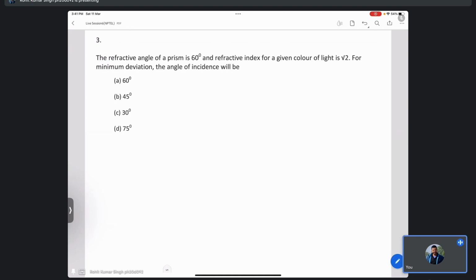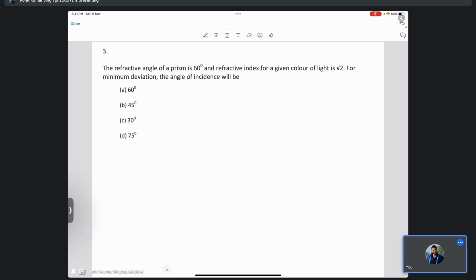The refractive angle of a prism is 60 degree, and refractive index for a given color of light is under root 2. So for minimum deviation, the angle of incidence will be. For minimum, the condition for minimum deviation, do you know what that is?